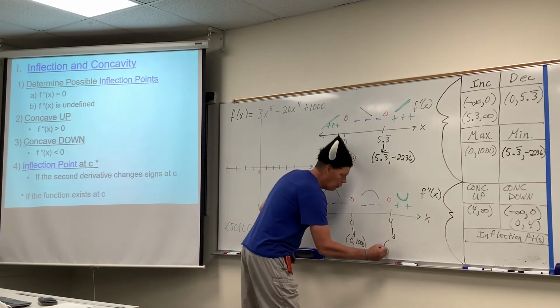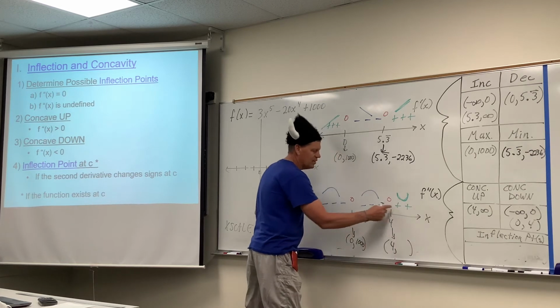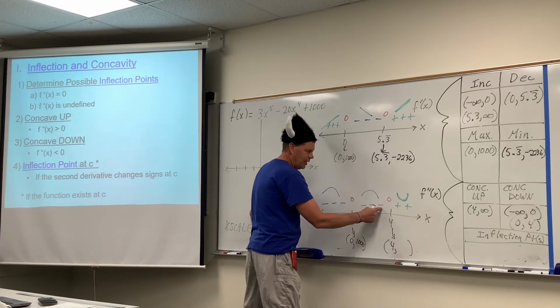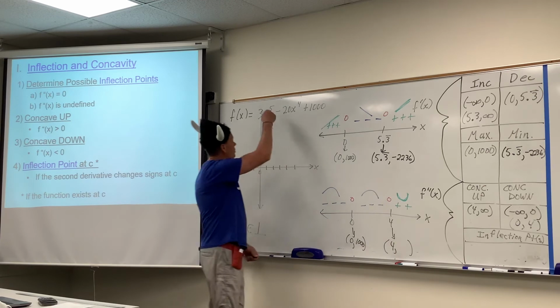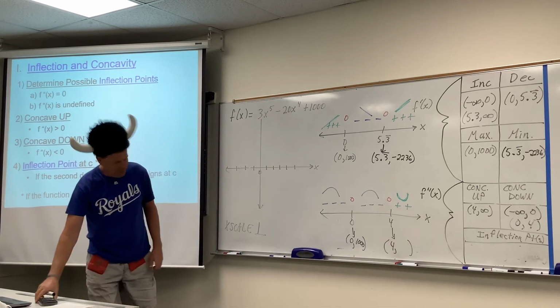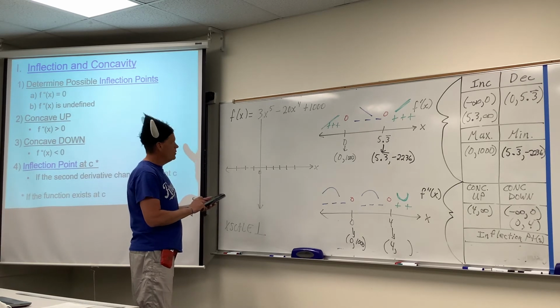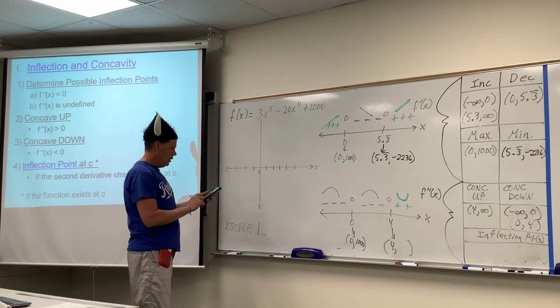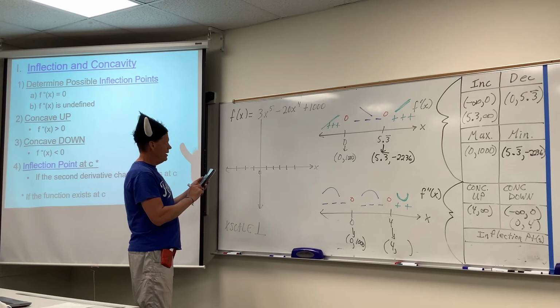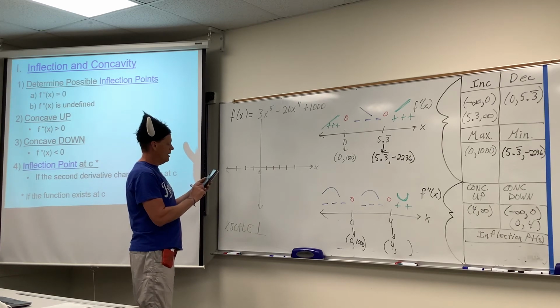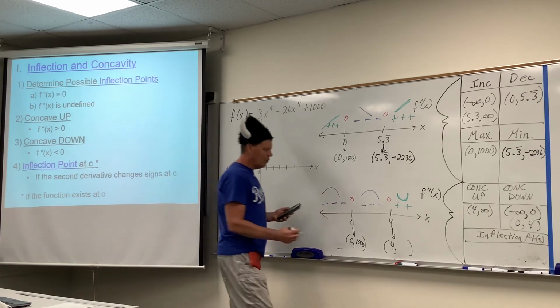All right, but what about 4? Well, first of all, yes, the concavity changes. It's going to be an inflection point. And let's put it into the function to see what point that would generate on the graph. So, let's see. 3 times 4 to the 5th power minus 20 times 4 to the 4th power plus 1,000. 3 times 4 to the 5th minus 20 times 4 to the 4th plus 1,000 is negative 1,048.